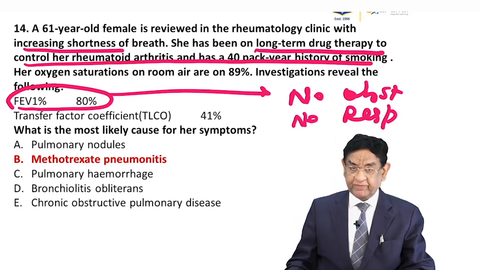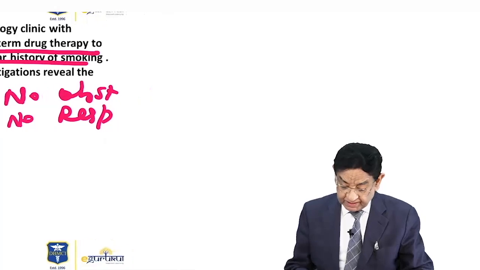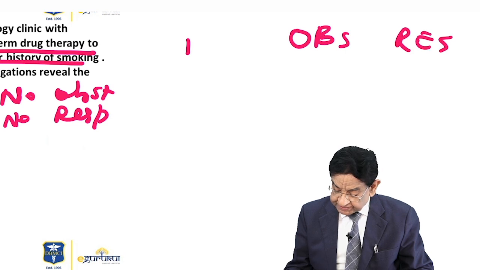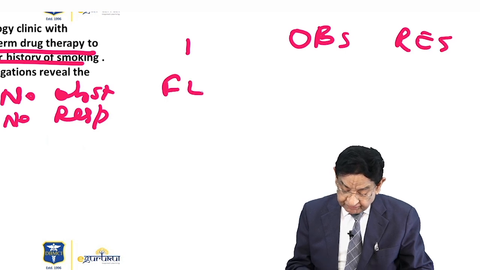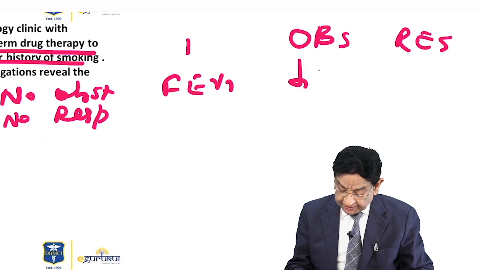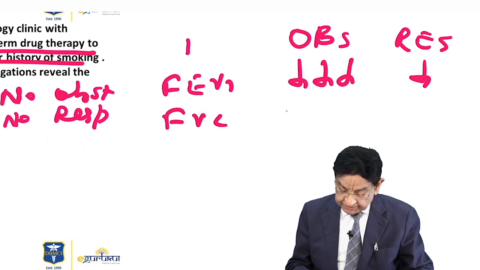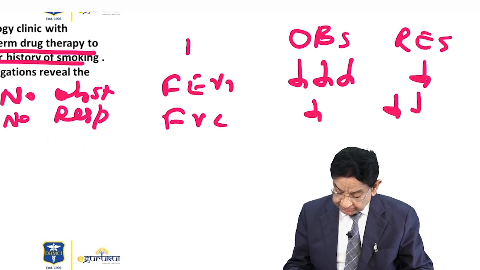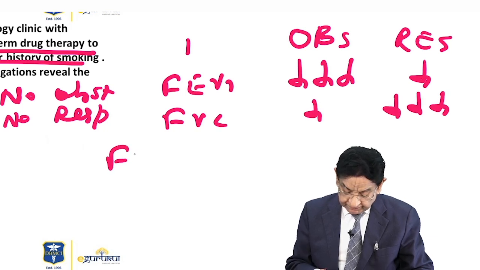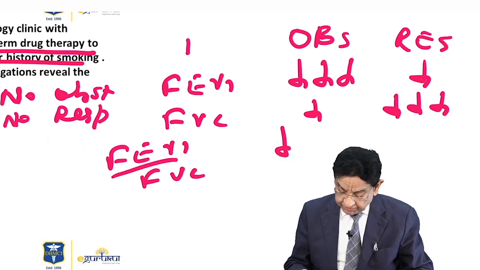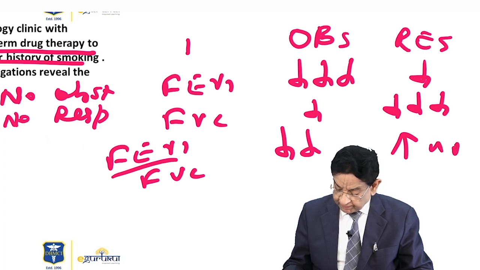I hope you are well aware that in obstructive airway disease and restrictive airway disease, FEV1 is highly reduced, FVC is reduced, and the FEV1/FVC ratio is reduced, increased or normal.